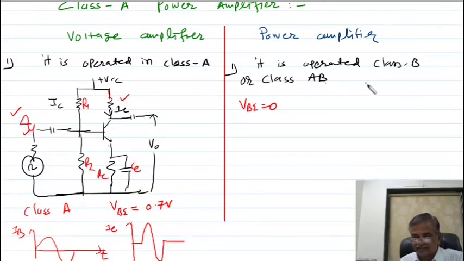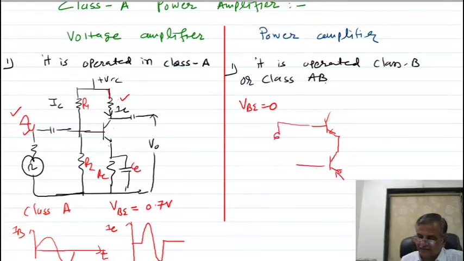But in a class B mode, the base emitter voltage is kept 0. I will show you some way. See, this is one circuit. Here I am keeping this circuit like so. Base emitter is what? Ground, you can say, like this.